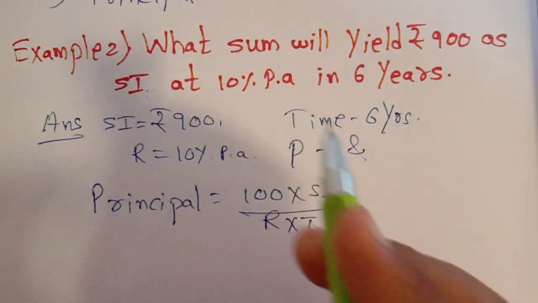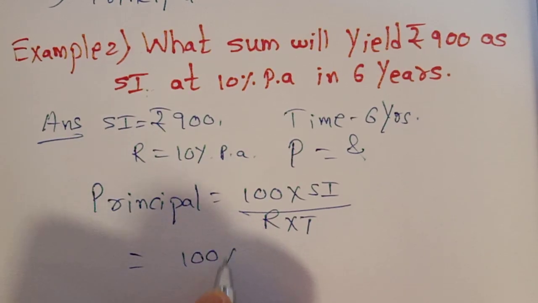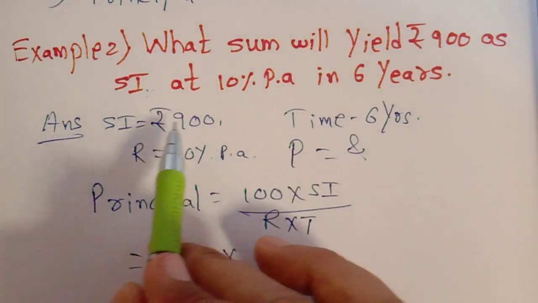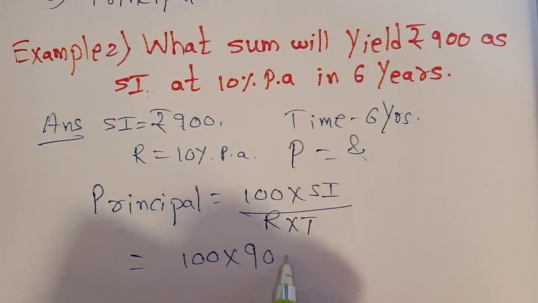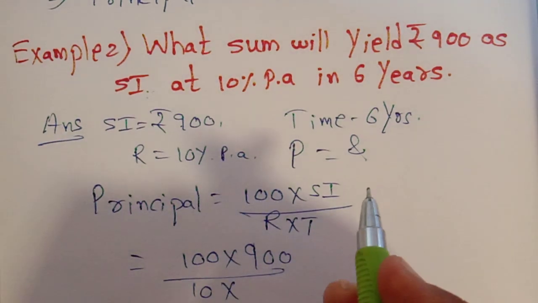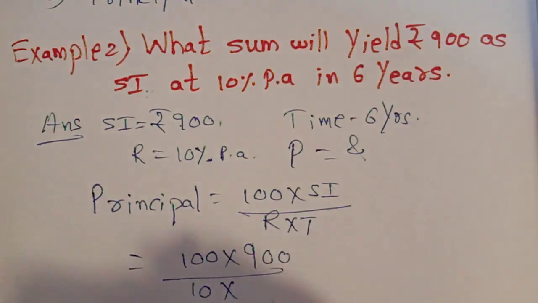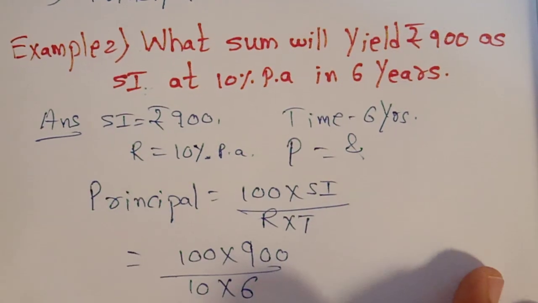I and SI are both the same. Now 100 into SI means how much is given in the question? 900, by R, how much? 10%, and time how much? 6 years.